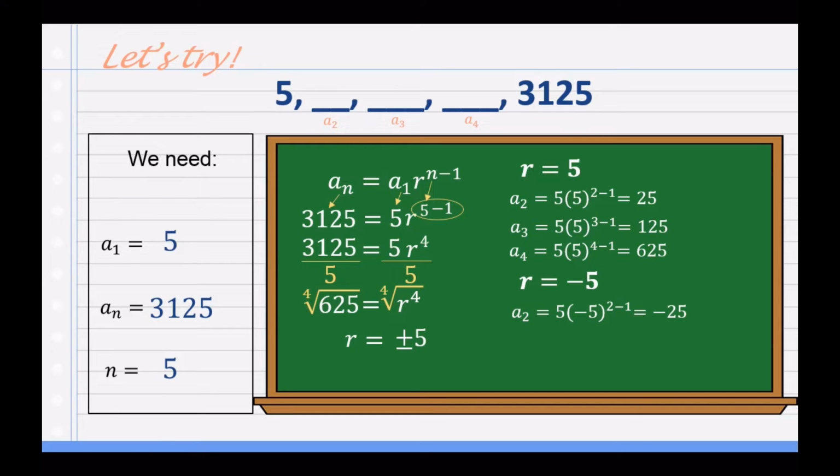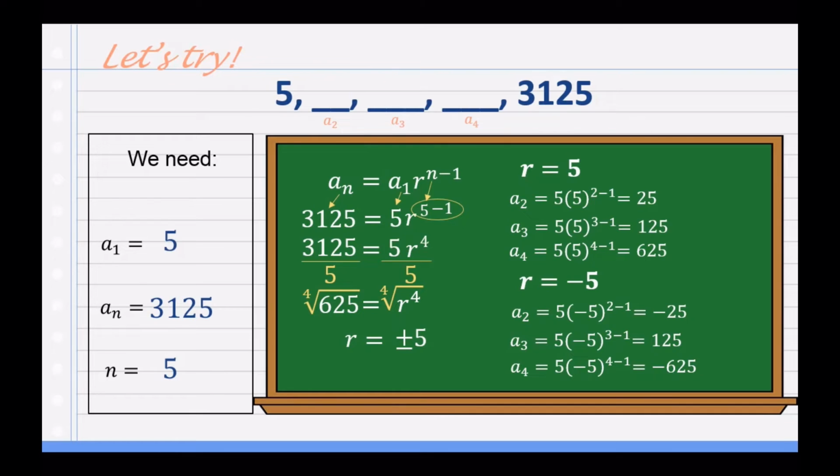If r is equal to negative 5, our a sub 2 or second term will be negative 25. So we have here 5, the first term, times the common ratio negative 5 raised to 2 minus 1 is equal to negative 25. Then our a sub 3 or third term is 125. And our a sub 4 or fourth term will be negative 625.